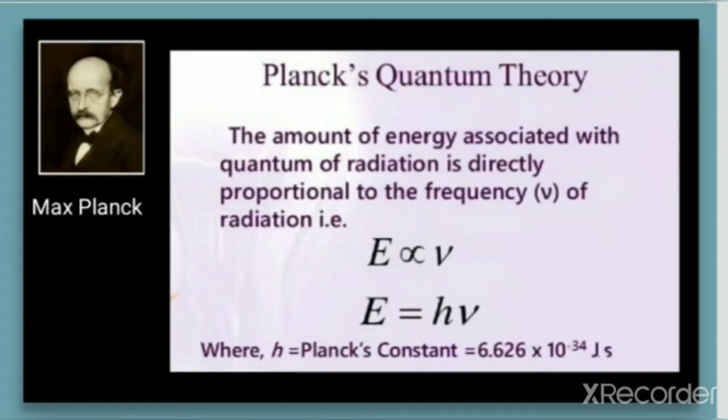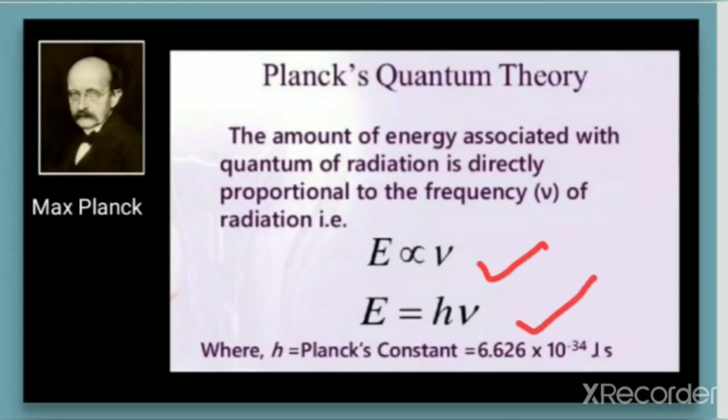According to him, the amount of energy associated with the quantum of radiation is directly proportional to the frequency of the radiation. That means each quantum has a particular amount of energy. That energy is directly proportional to the frequency of the radiation emitted by the body, and that is equal to E = h nu.